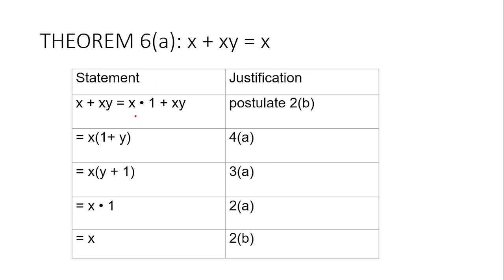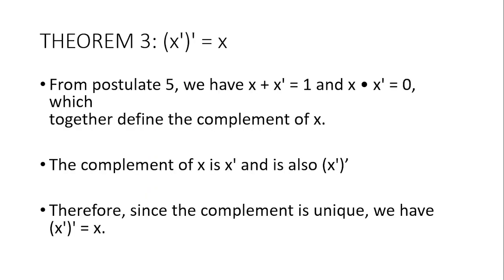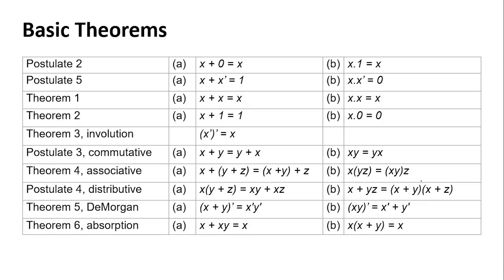Now we have this x dot 1, x dot y. So you take this as x, you take this as y, you take this as z. What is the common thing? You take x common, and you take 1 and you take y. So from where did I get that? Here we have x dot y, x dot z.